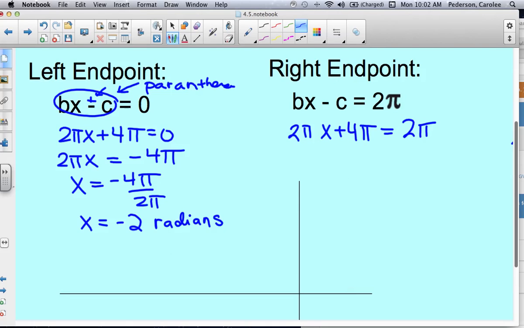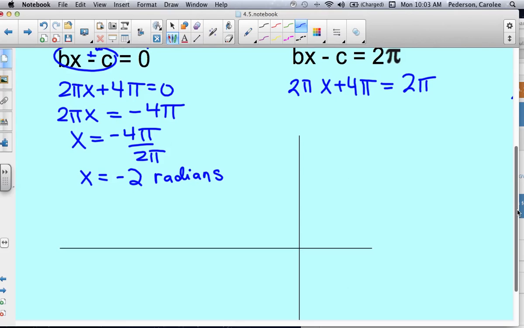Now let's come over to the right endpoint, where we're going to stop this revolution at. So we, again, solve this equation for x. So what should we do first? Trying to get x by itself. Subtract 4 pi.